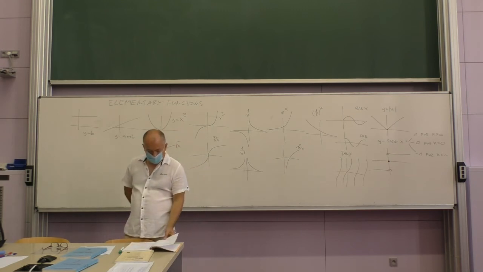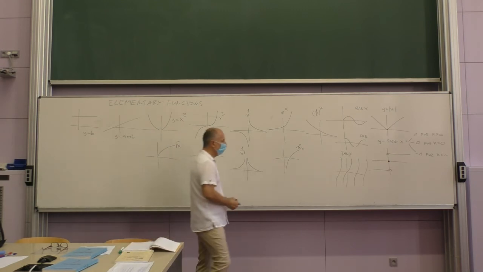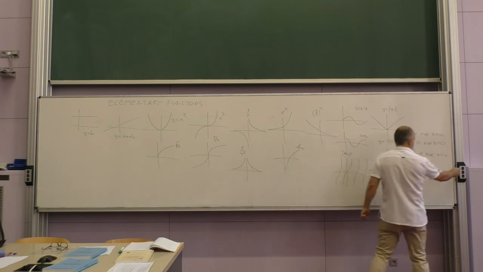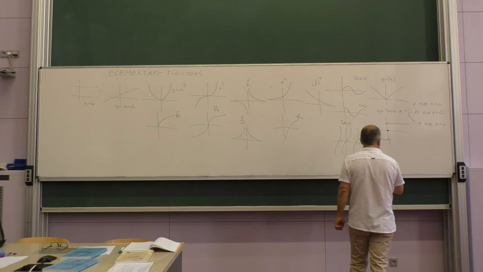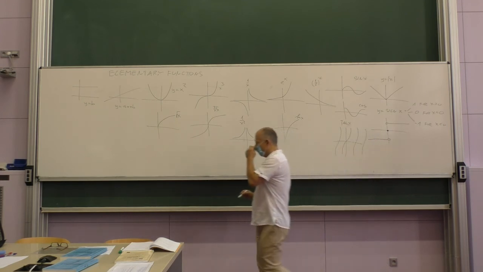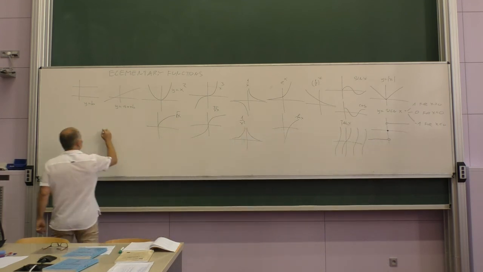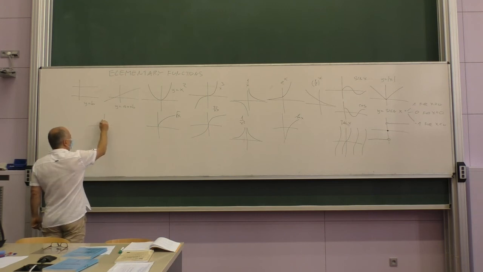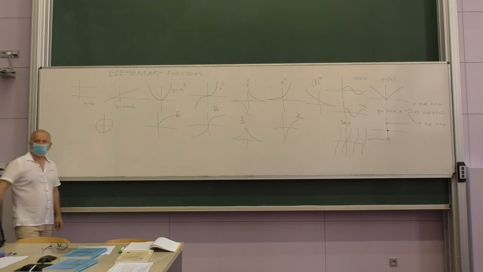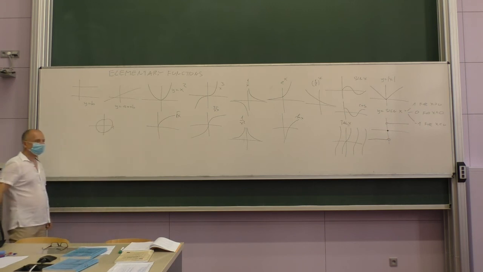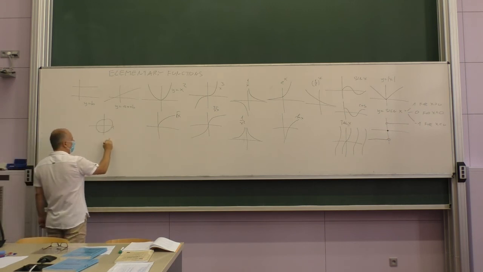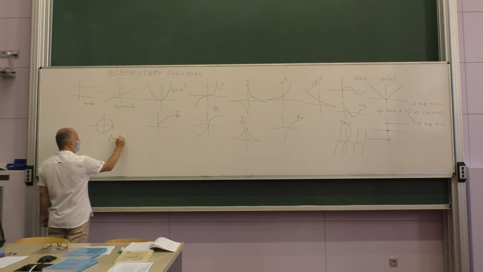And the last function in this table corresponds to a circle. Consider the unit circle, center at the origin, radius 1. This can be described as x squared plus y squared is 1.